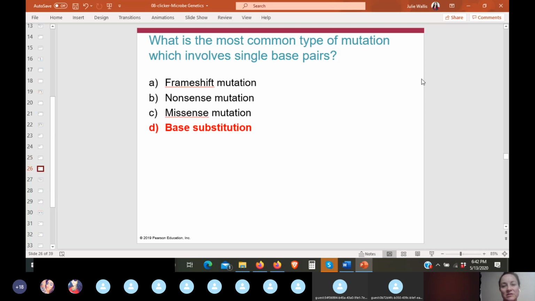But a base substitution is the most common type of mutation that involves single base pairs. That is because sometimes there are chemical modifications to the bases on the DNA that cause them to base pair incorrectly. And then when it's copied again, it now has the wrong base at that particular location.